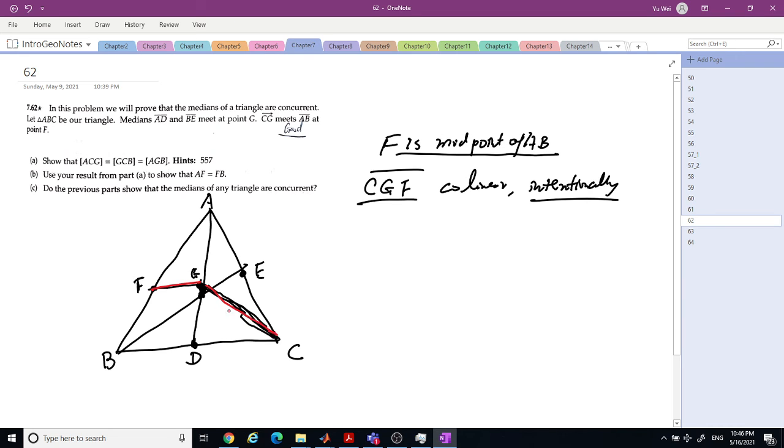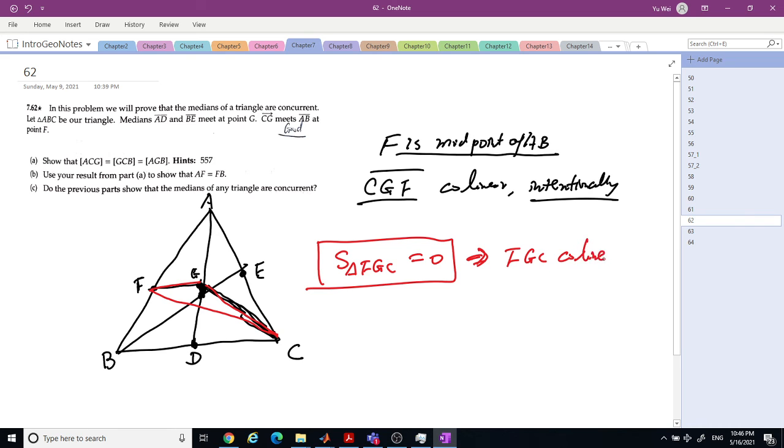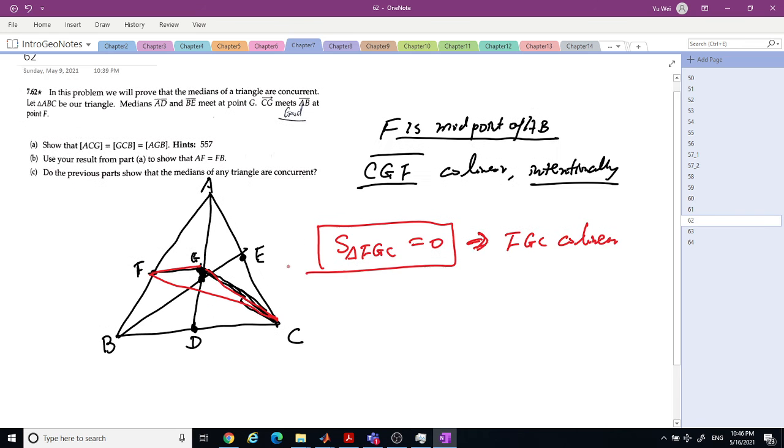So if we want to prove it is collinear, the good way is to prove the area of triangle FGC is 0. If I prove the area is 0, that means it's degenerate, right? So it means F, G, C are collinear. Okay, now let's prove it.